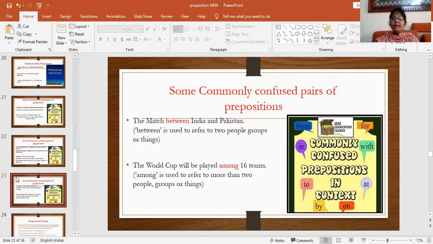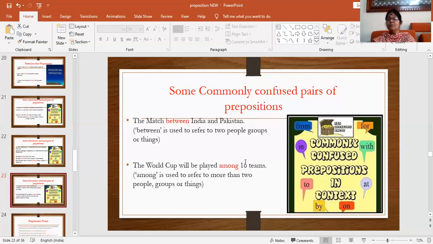Now another common error that we make is between and among, right? Now between, how we should use: the match between India and Pakistan. Always remember, between is used when we refer to two people, two groups, or two things, right? Now look at this sentence. The World Cup will be played among 16 teams, right?